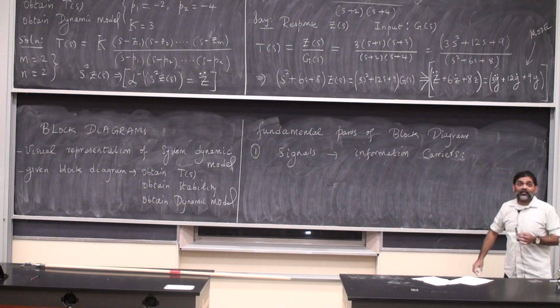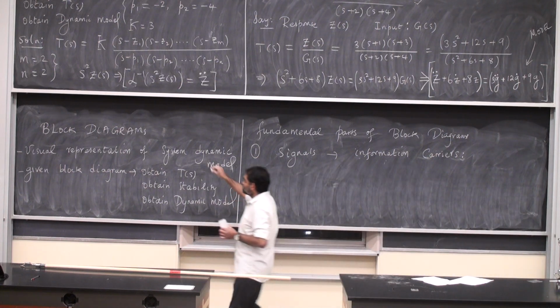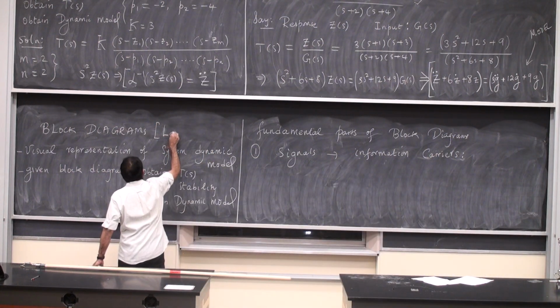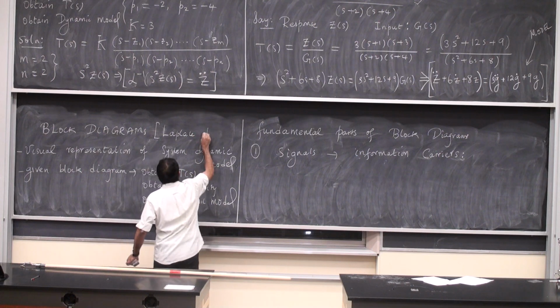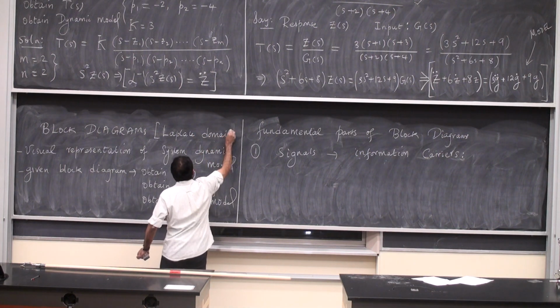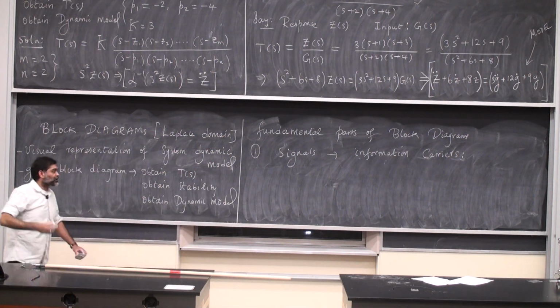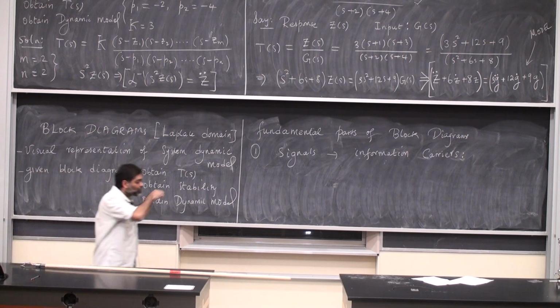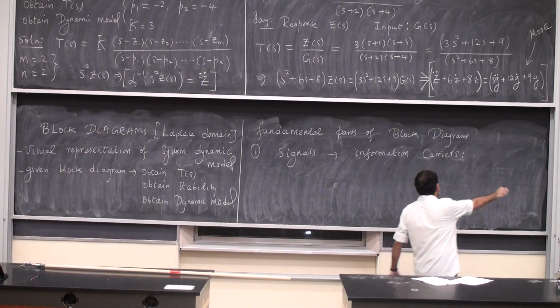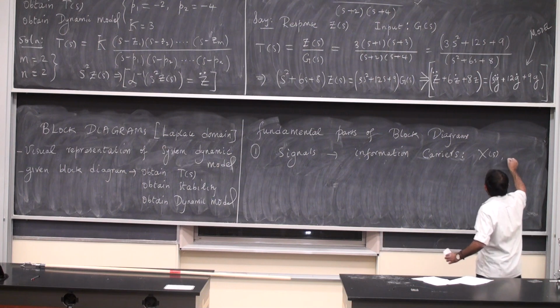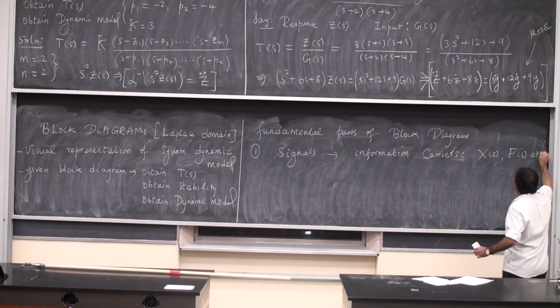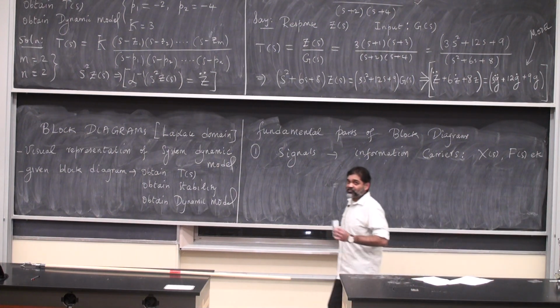Block diagrams are done in the Laplace domain. I want to write that statement here. And so for us, as you rightly pointed out, we have input signals, we have output signals. So we call them x of s, f of s, and so on and so forth. These are typically represented by arrows.